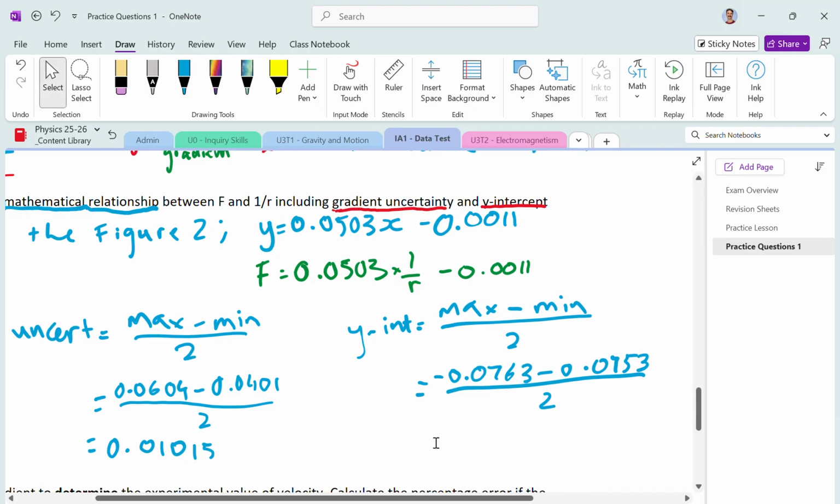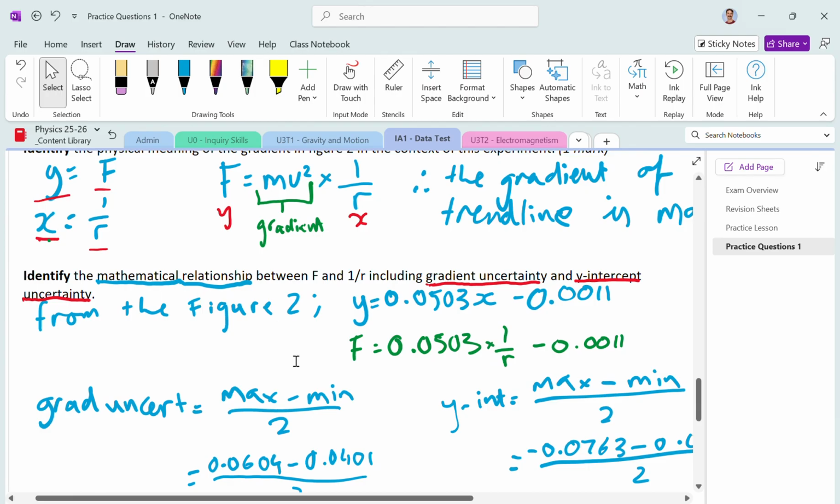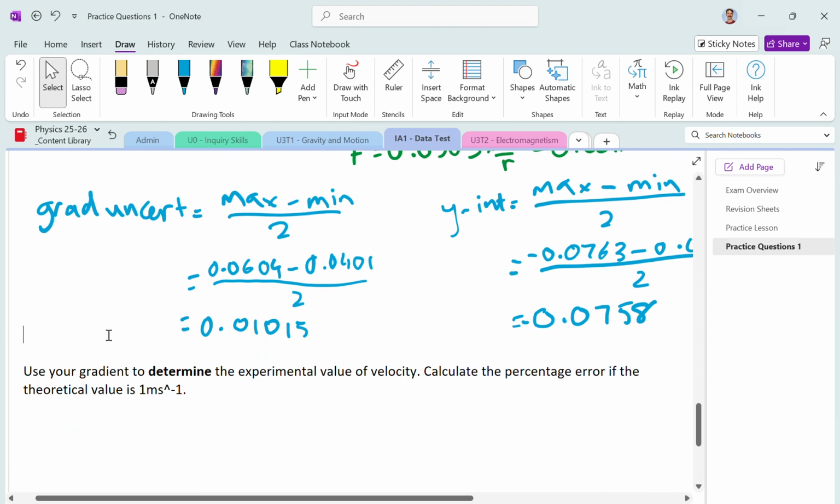Okay. And 0.0763 plus 0.0753 divided by 2 equals 0.0758 minus.